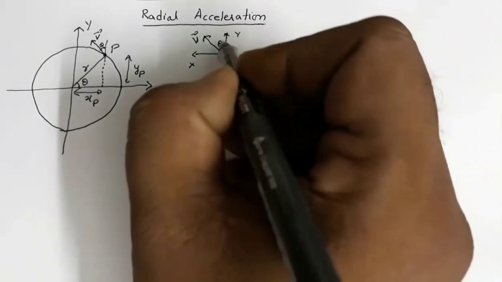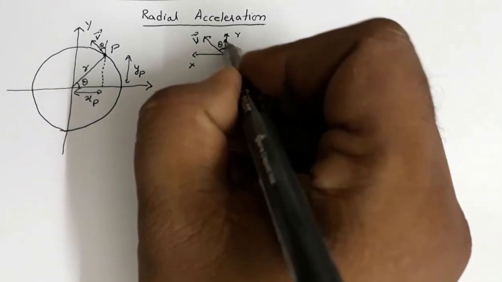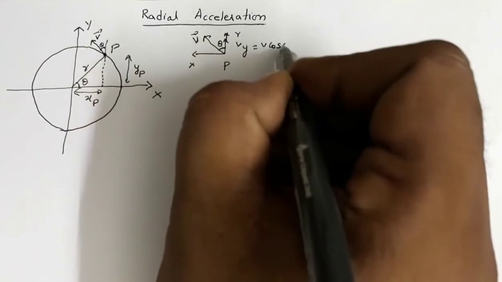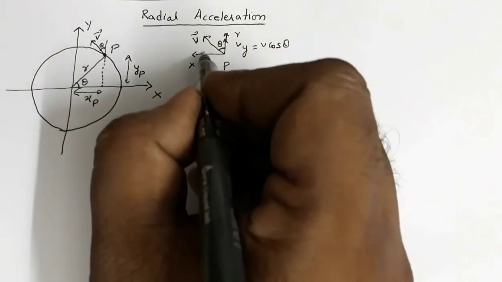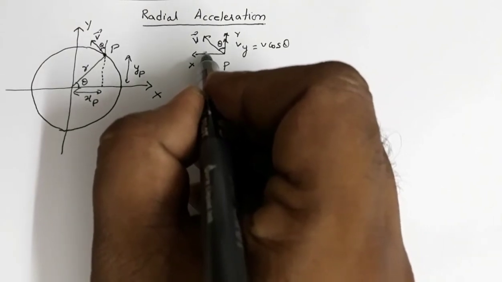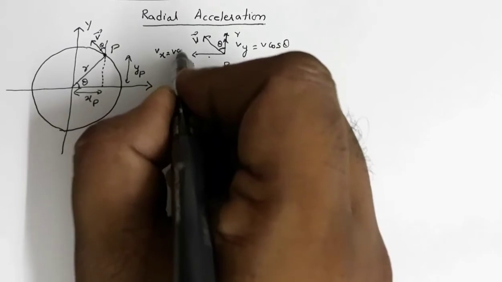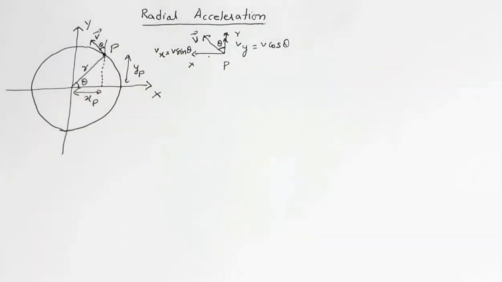The component along the y-axis, vy, will be v cos theta, and the component along the x-axis, vx, is equal to v sin theta. These are the two components of velocity.